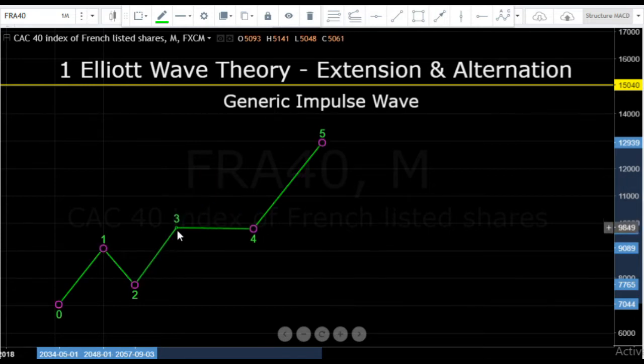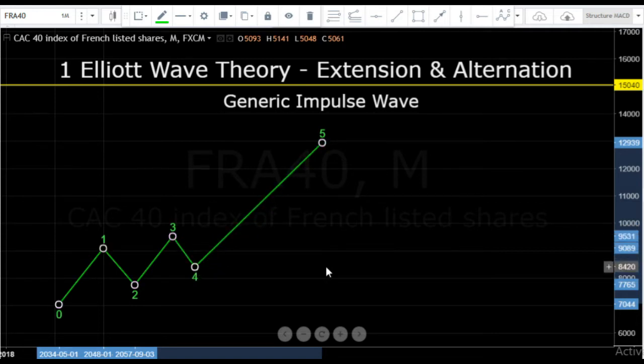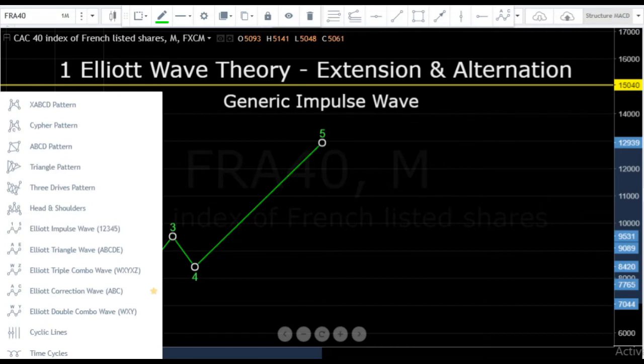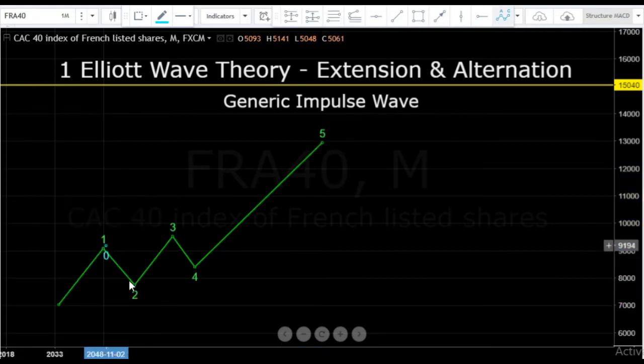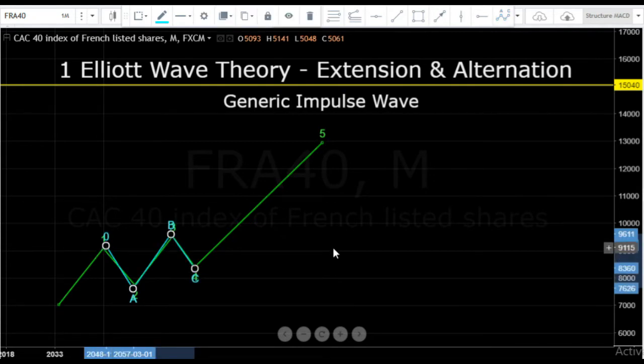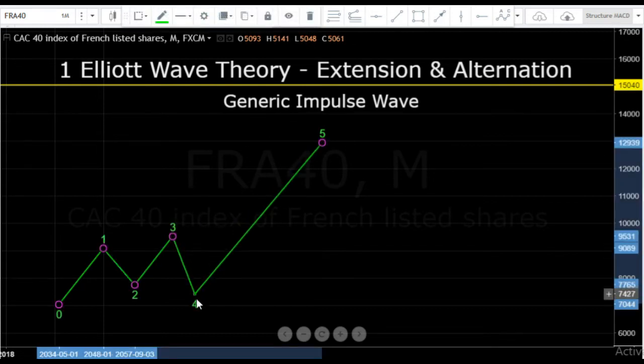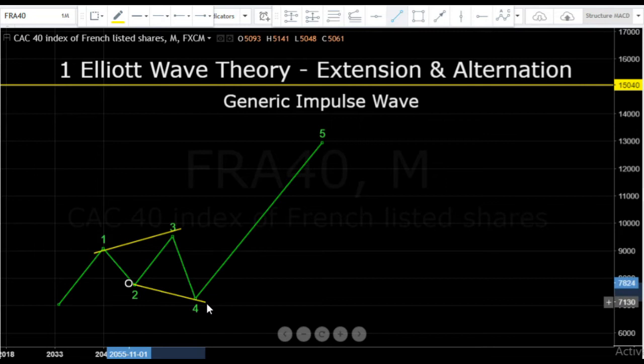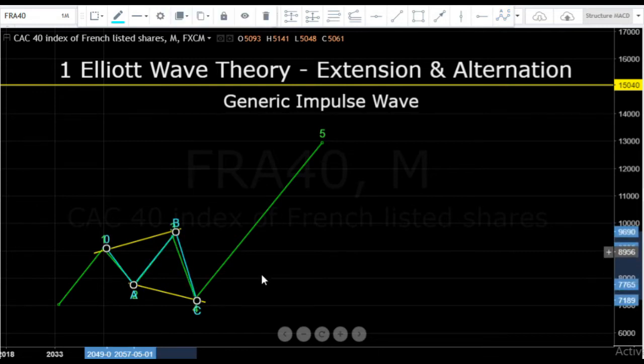So in this instance, if wave 3 was the shortest and we had wave 4 coming down like that, our count is all wrong, because in actual fact what we would be looking at here would be potentially a running flat, or if it came a little bit deeper, we could have an expanding flat, where this is our A, B, C. So therefore our numbers would be wrong.